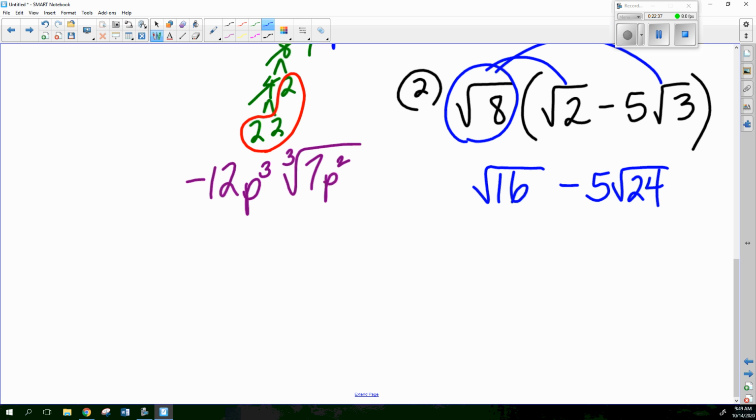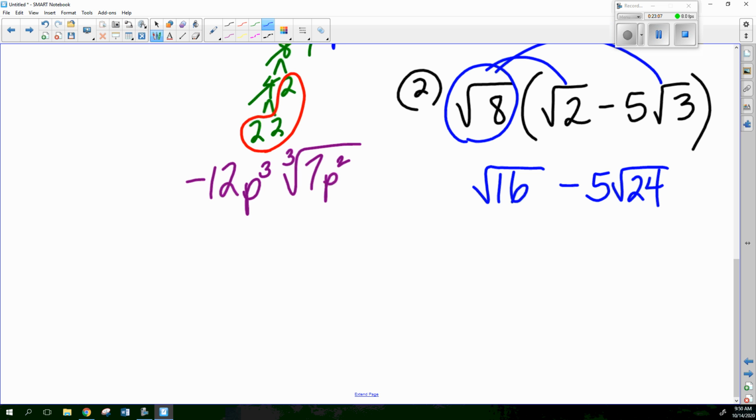Okay, so now I've turned it into a subtraction problem. So what's the first thing you have to do when you have an addition or subtraction problem? Simplify, then decide if you can put stuff together. Now, what's the square root of 16? 4. If you don't need to make a factor tree for that, you don't have to make one. Okay? Square root of 16 is 4. If you want to make a factor tree, you should still get 4.